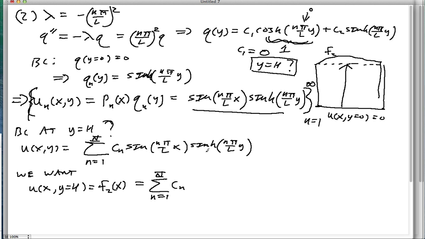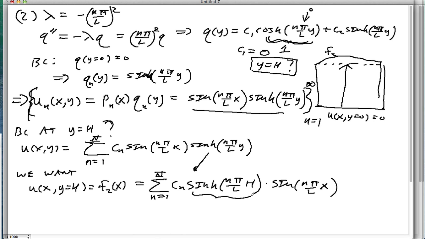So I'm going to rewrite this. I'm going to put the sinh in the front. Now we're evaluating y at h, and then times sine n pi over L x. Okay, so now remember this is a constant now. So we need to go to a new sheet of paper.